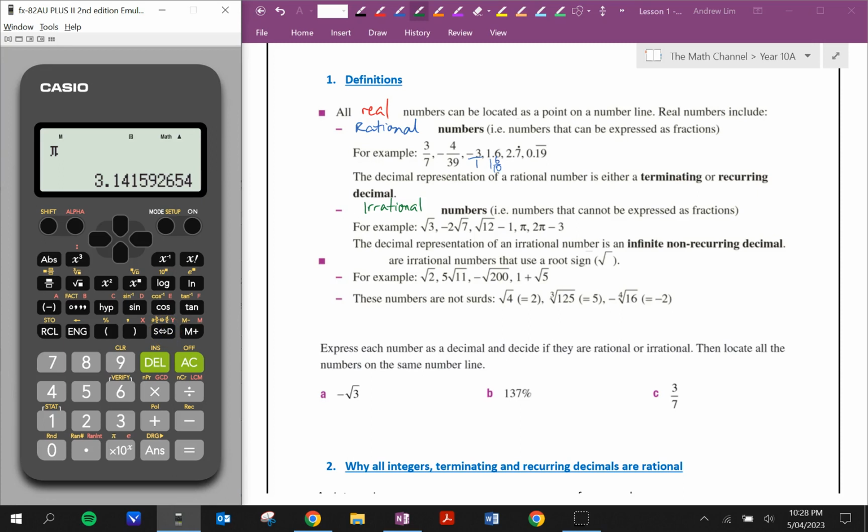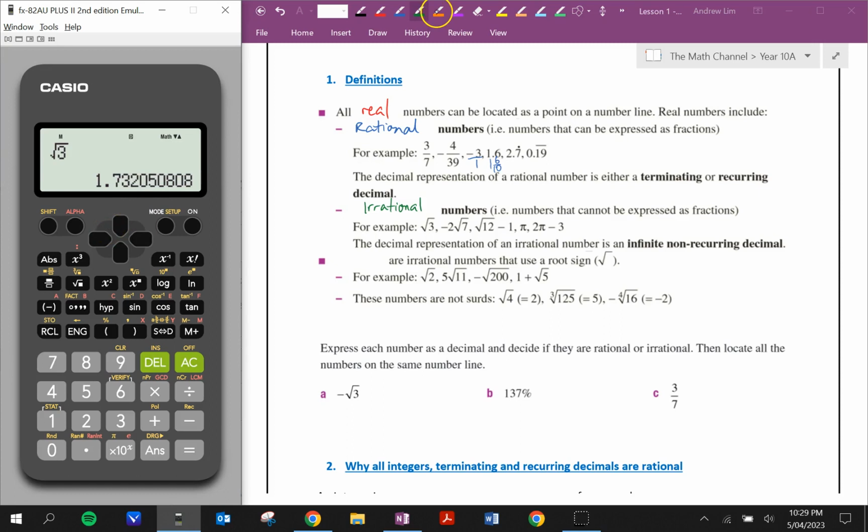And the decimal representation of an irrational number is an infinite, non-recurring decimal. So we can see here, this will actually go on forever, but there's no recurring pattern that we can see. Same with all these other examples.